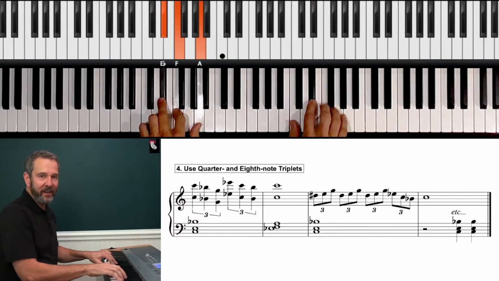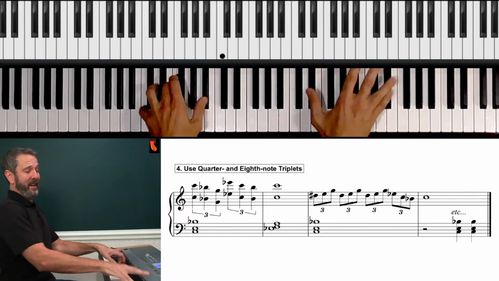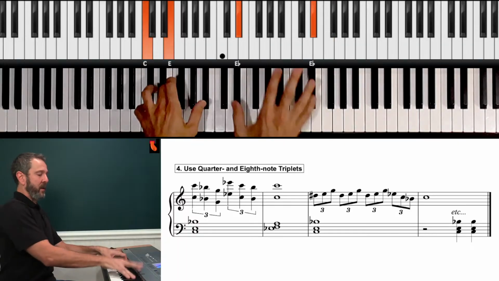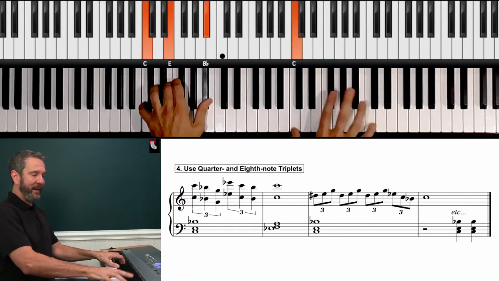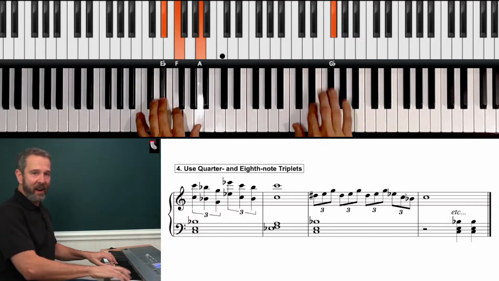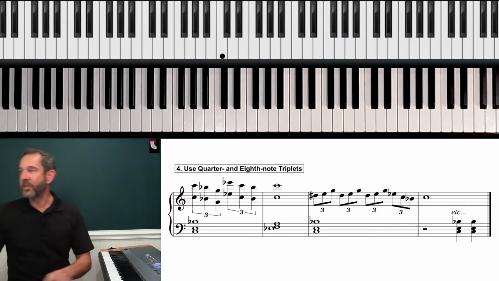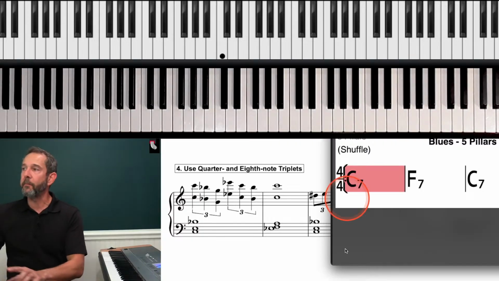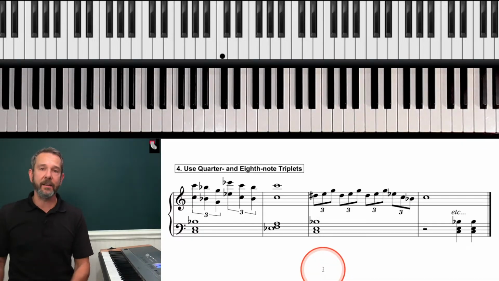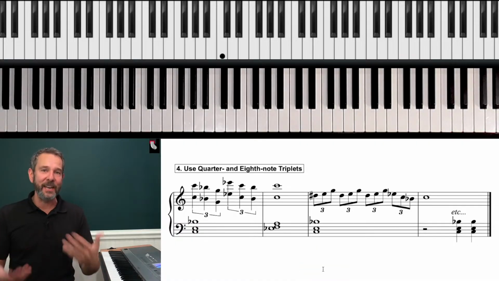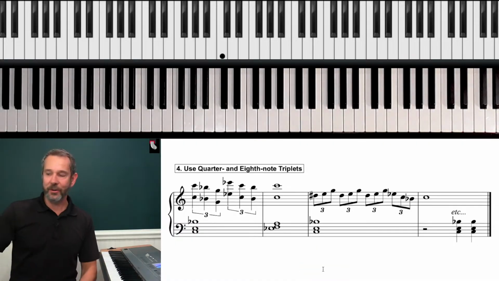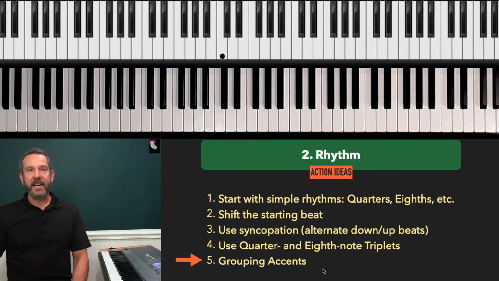Triplets. Quarter notes. All right, so alternating and using both those quarter note and eighth note triplets, great way of adding some interest and excitement into your solo. Last action item.